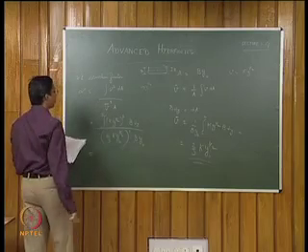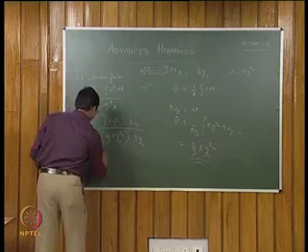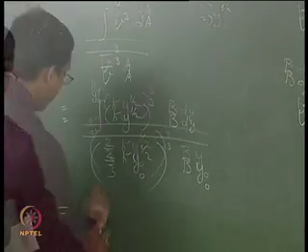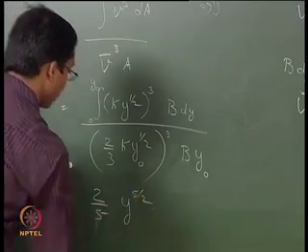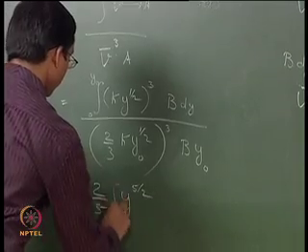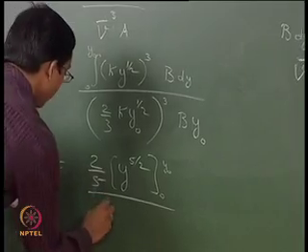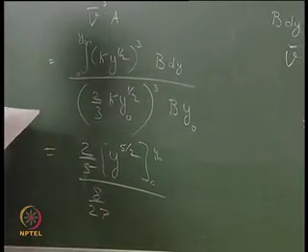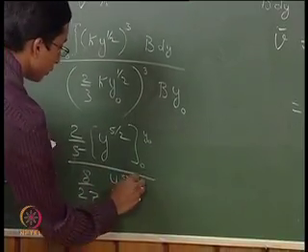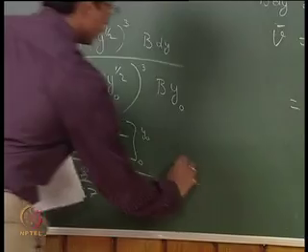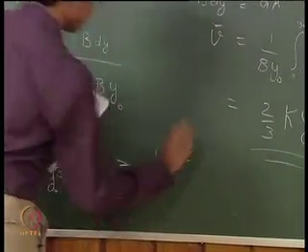This on further simplification, you will see that you will get, okay, I will just give one more intermediate step. From 0 to y naught divided by 8 by 27 y naught to the power of 5 by 2, this comes to be 1.35.